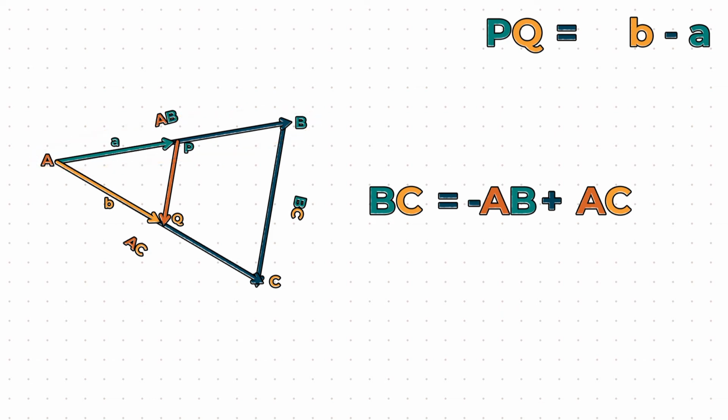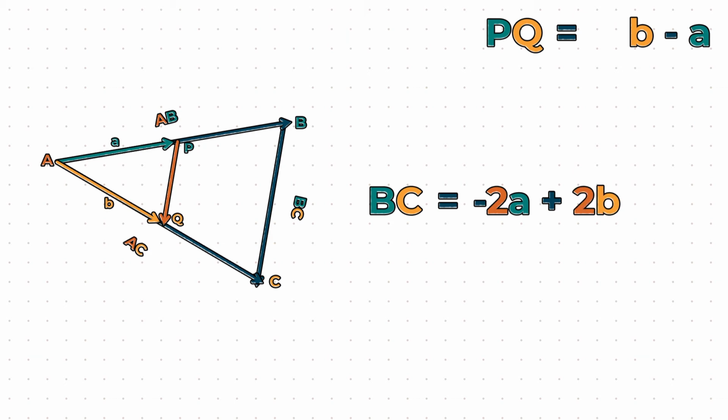Now, unfortunately, we were only given small letters for the distance between A and P and A and Q. Because P and Q are the midpoints between BA and AC in the diagram, however, it means that BA can be rewritten as negative 2a and AC can be rewritten as 2b.